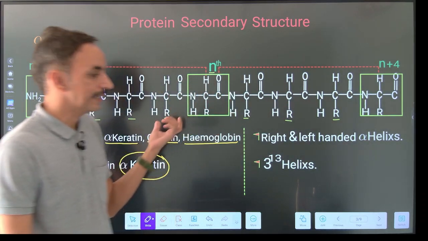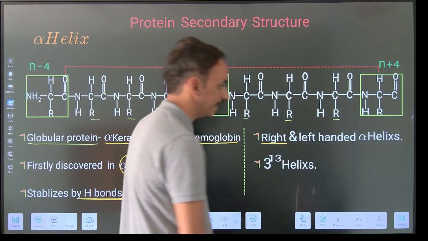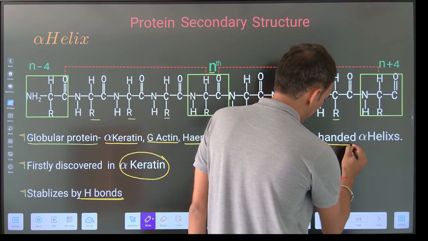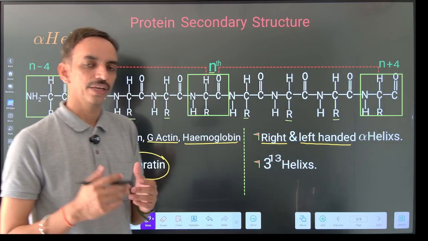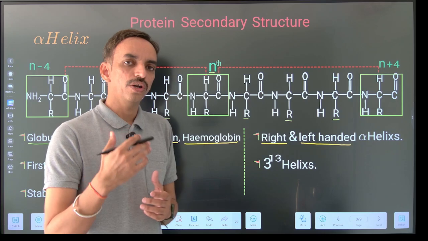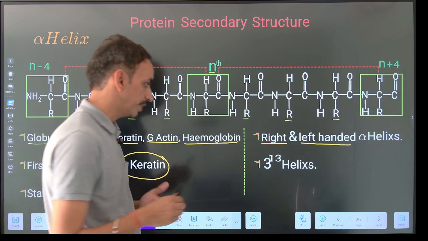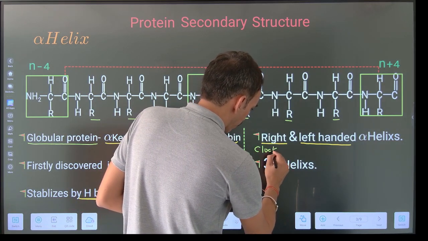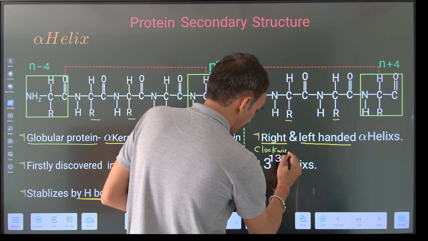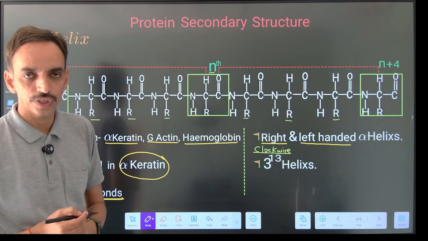Now these alpha helical structures are of two types. There is the right-handed alpha helical structure as well as the left-handed alpha helical structure. These helical structures are formed when all groups rotate in a similar direction. If the rotation is in the clockwise direction, then it will lead to the formation of right-handed alpha helical structures.